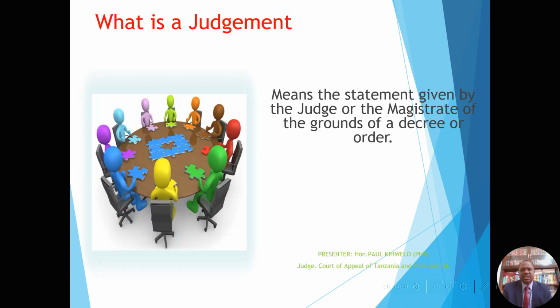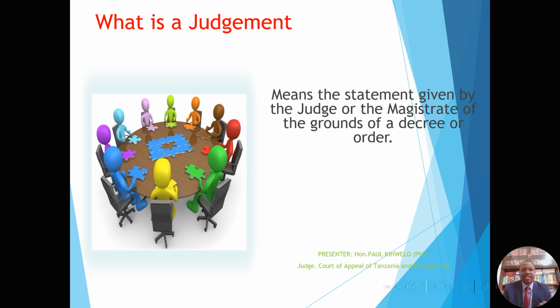When talking about judgment, one may ask the question: what is judgment? There's no agreeable definition of what amounts to a judgment. But essentially, judgment means the statement given by the judge or the magistrate or any judicial officer on the grounds of a decree or an order.